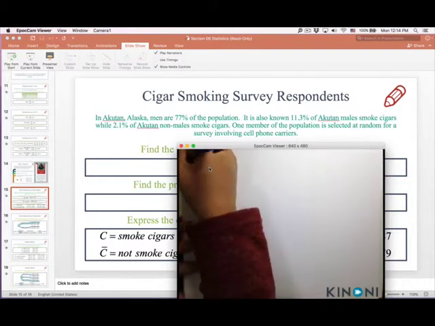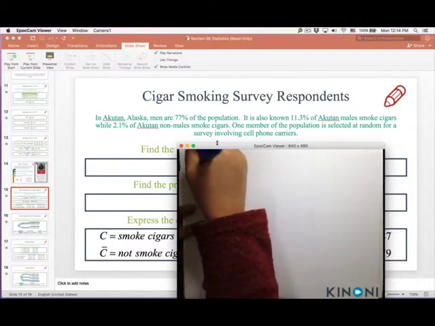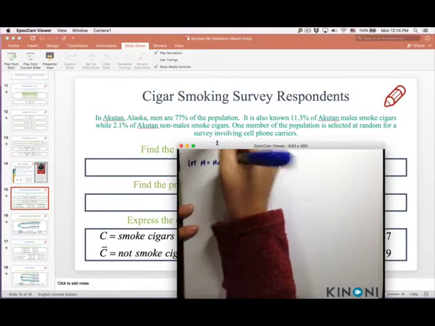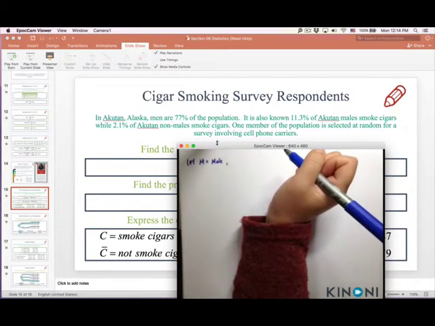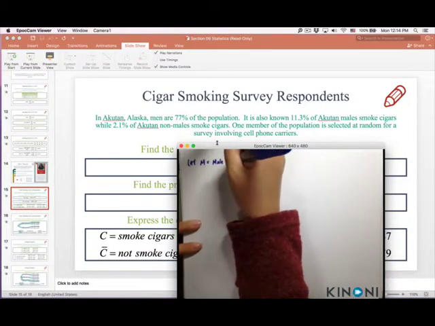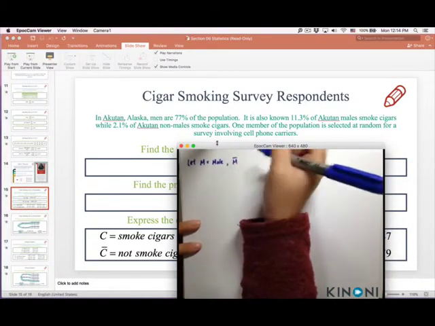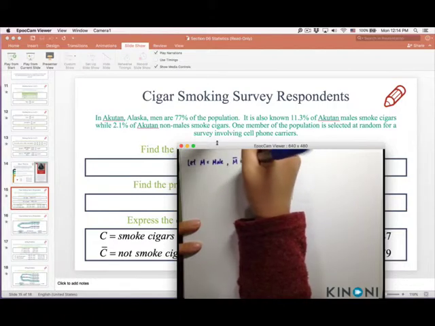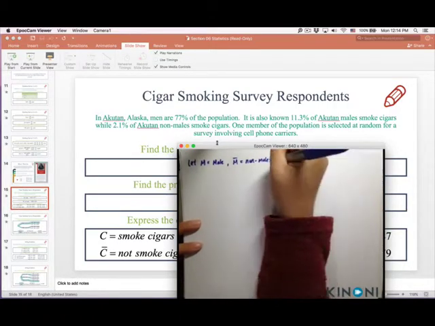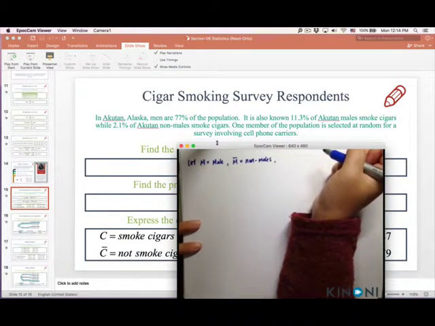Let's write it down. We're going to let M equal the male. In this population, we have men at 77%. We also have the non-males, so we're going to put non-males, which is going to be the complement. And then we have the smoker or not smoker.